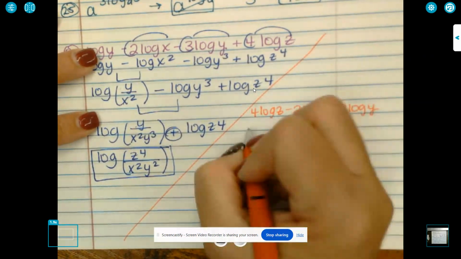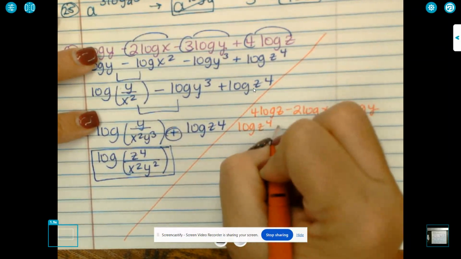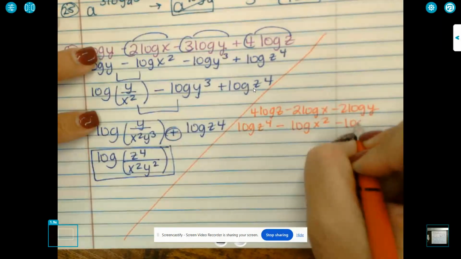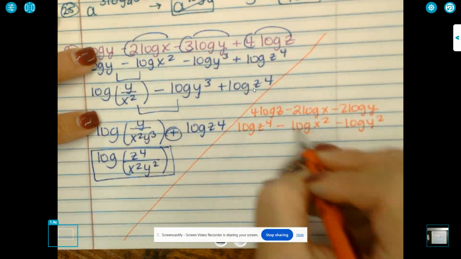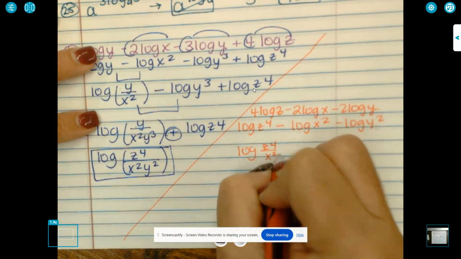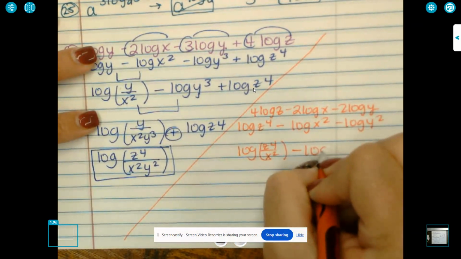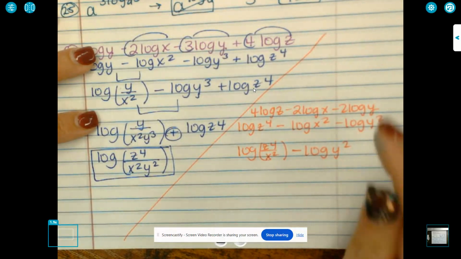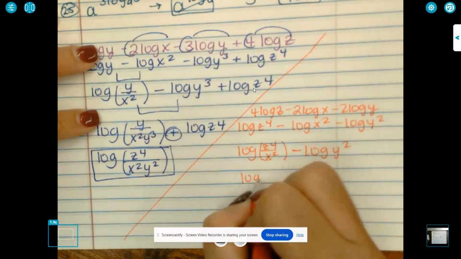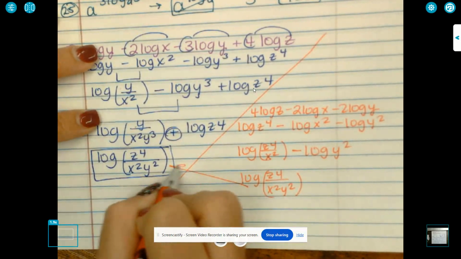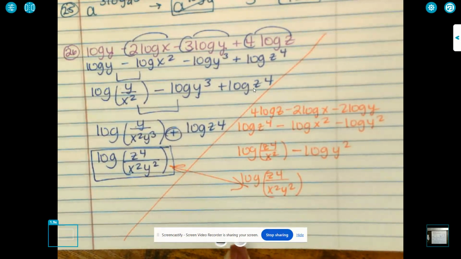Pull everything up: log z to the 4th minus log x squared minus log y squared. Minus means division, so log z to the 4th over x squared. And then again, keep, change, flip, so that's going to become log z to the 4th over x squared y squared. So you get to the same place. It just depends on how you do it.